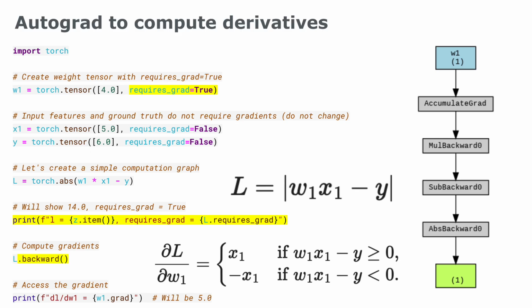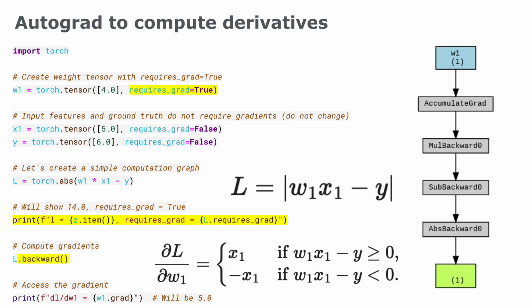It's not necessary because we're not going to be updating the feature, only the weights of the model. We also have requires_grad=False for y = torch.tensor(6.0). This is also not tracked for the gradient because it does not need to be adjusted during training. This is the target value that we're trying to predict.